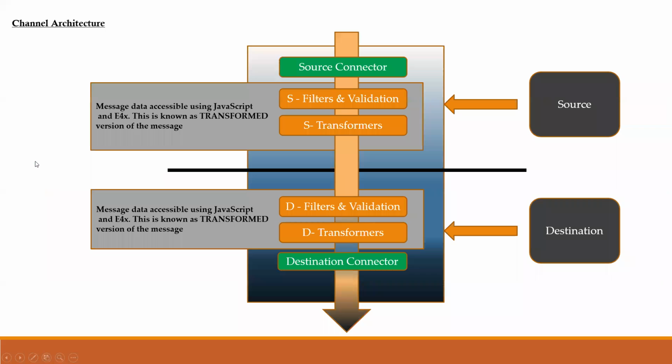But if you take a deeper look, every channel has these two components, and each component has its own filters and transformers. Destination has its own filters and transformers. These three are bound together and called source, and these three are bound together and called destination.